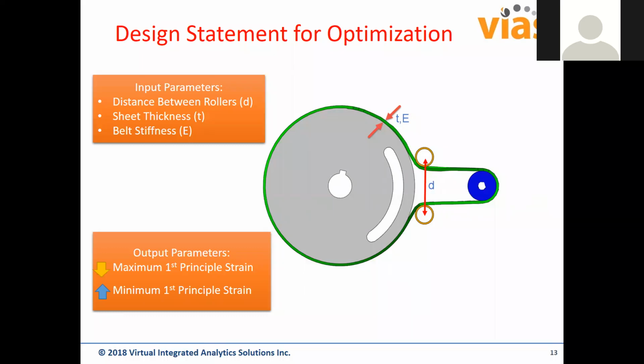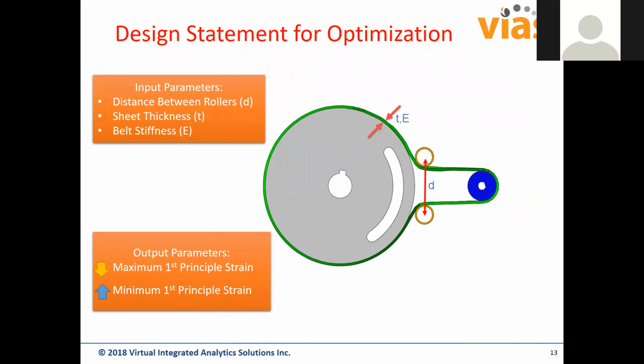So this essentially identifies the design variables that you want to look at. We've got a maximum first principal strain which is too high, and a minimum first principal strain which is too low. We know that if we change the distance between the rollers, that will affect the tension and potentially any compression in the belt too, which we see we do have.